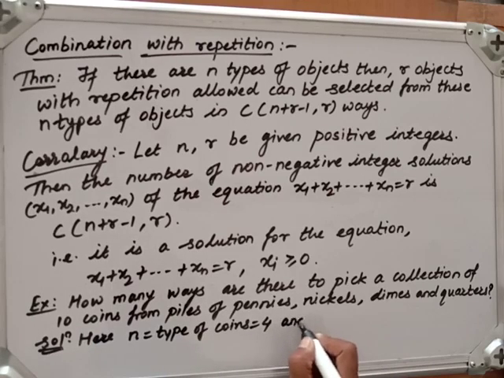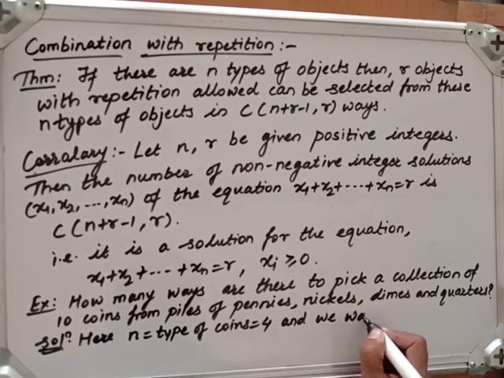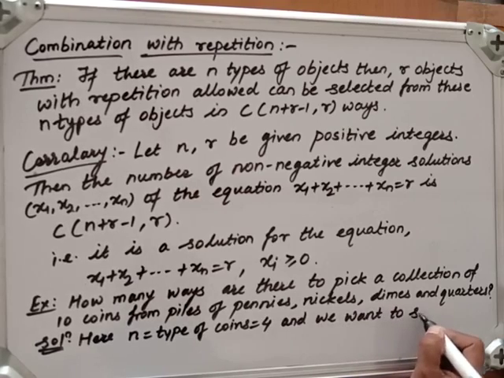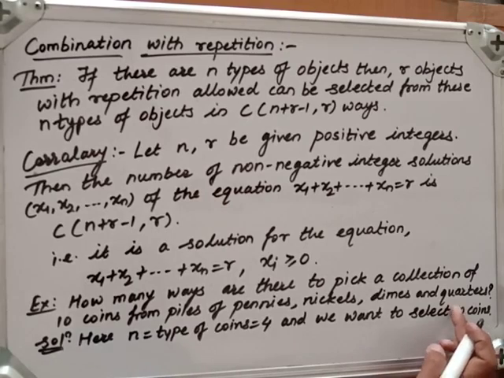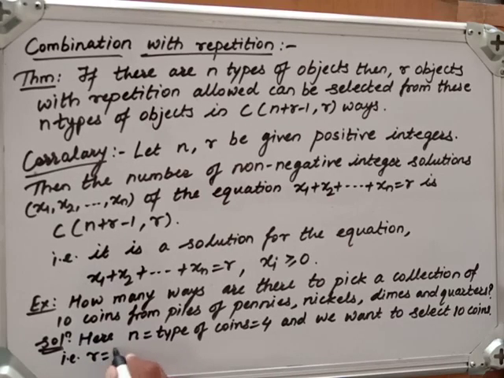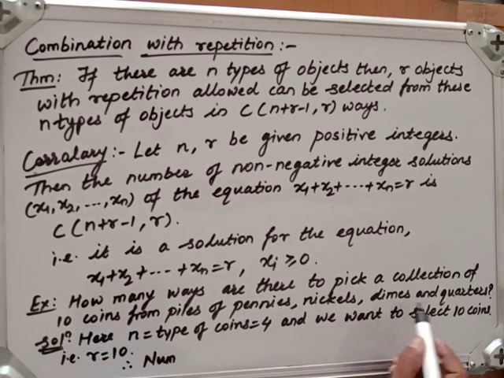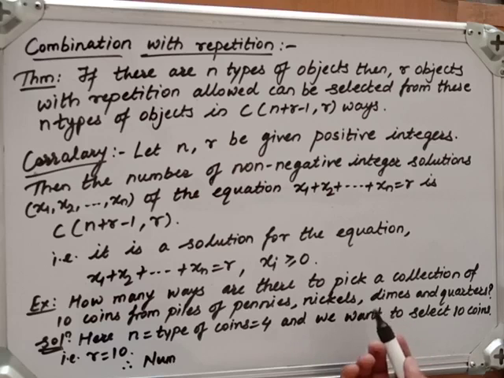And we want to select 10 coins, so r is equal to 10. Obviously here the repetition is allowed, since we select 10 coins out of these 4 types of coins.